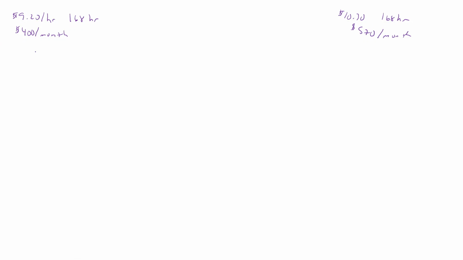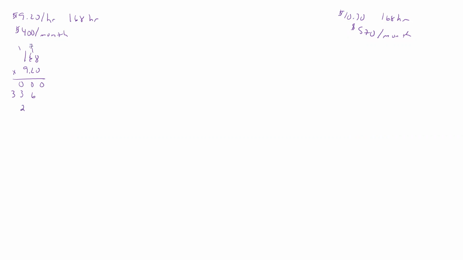So if we take first 168 times 9.20, that's going to be 0, 0, 0. Then 2 times 8 is 16. 2 times 6 is 12 plus 1 is 13. 2 times 1 is 2 plus 1 is 3. And then we have 9 times 8 is 72.